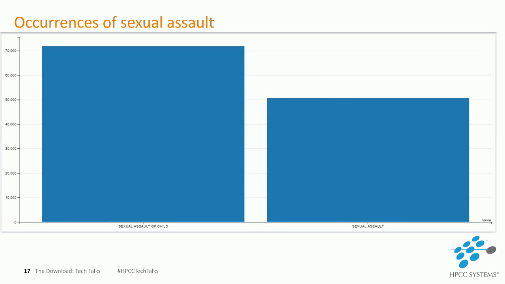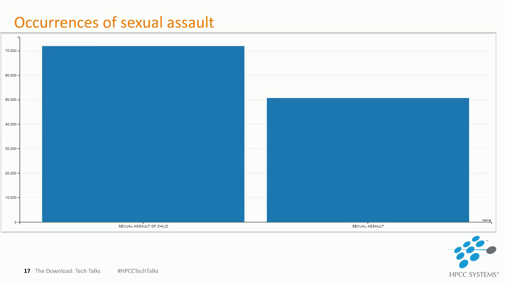So here we have an analysis related to the occurrence of sexual assault. During this study, I faced information that wasn't in my mind: the questions related to sexual assault of children. In São Paulo, more sexual assaults against children were registered than against adults, as shown in this chart.